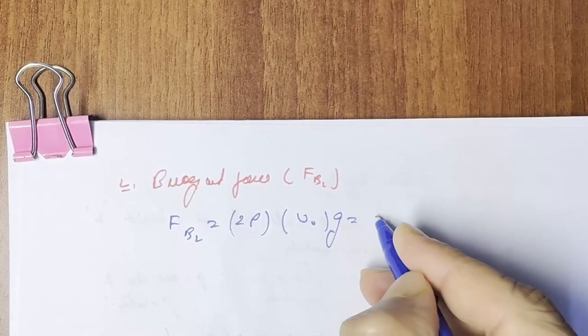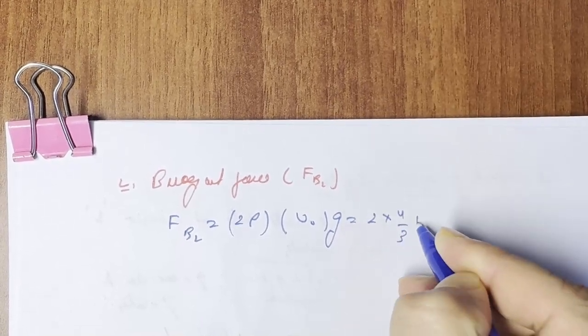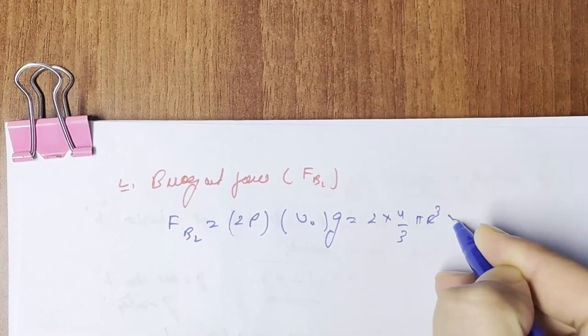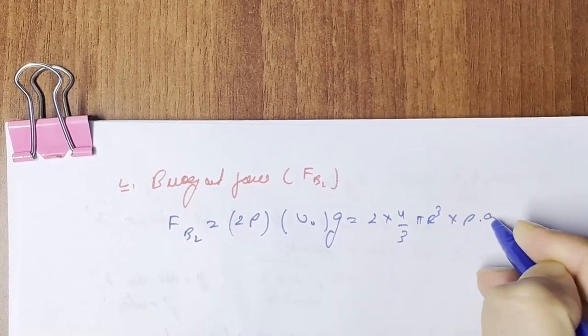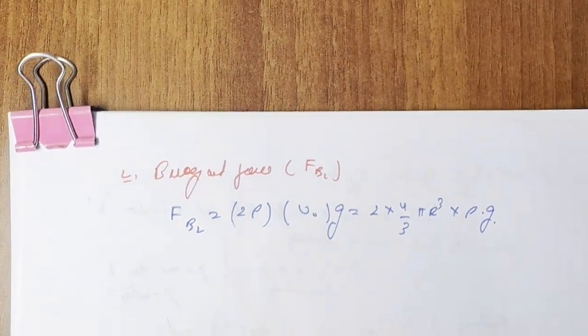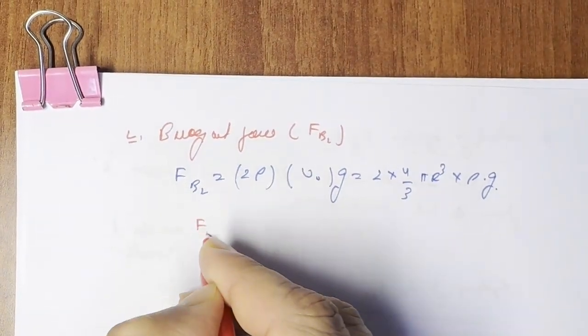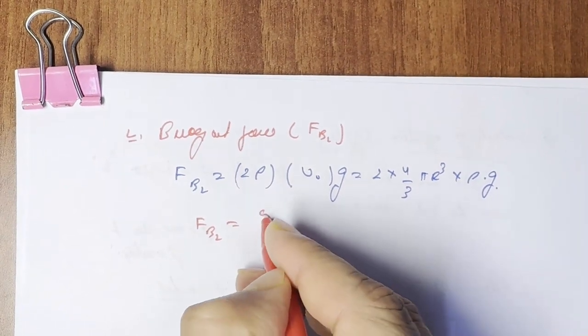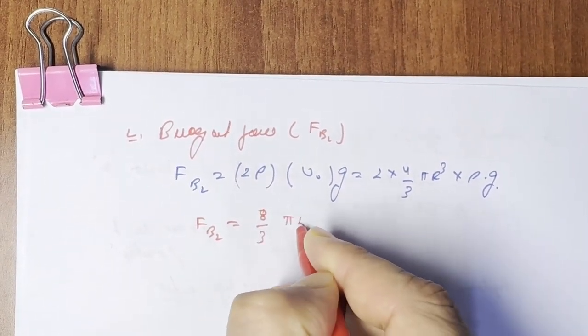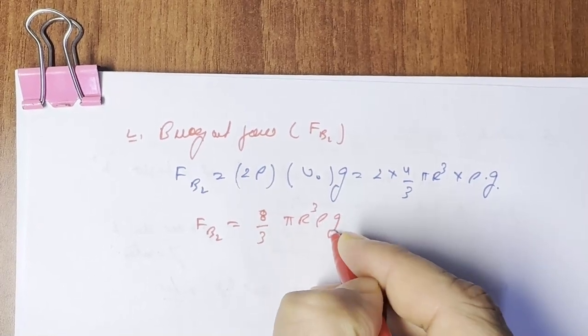V naught equals 4 by 3 pi r cube, multiplied by rho multiplied by G. So therefore FB2 comes equal to 8 by 3 pi r cube rho multiplied by G.